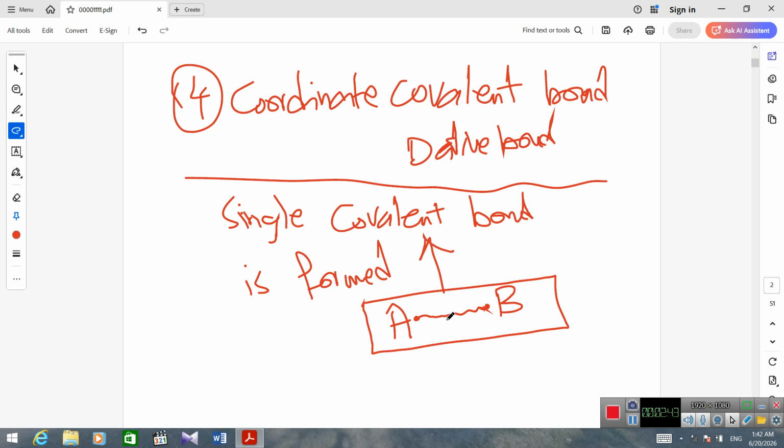The most important point is that we can connect one single electron from atom A and another single electron from atom B.